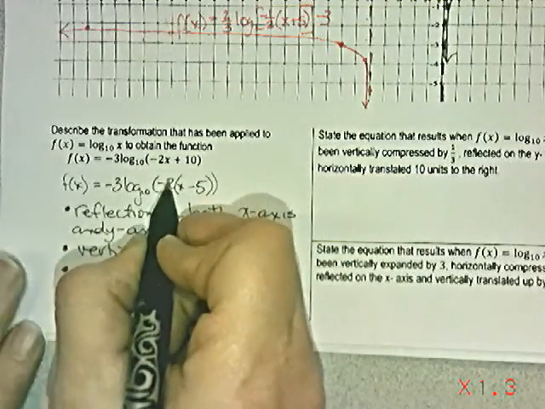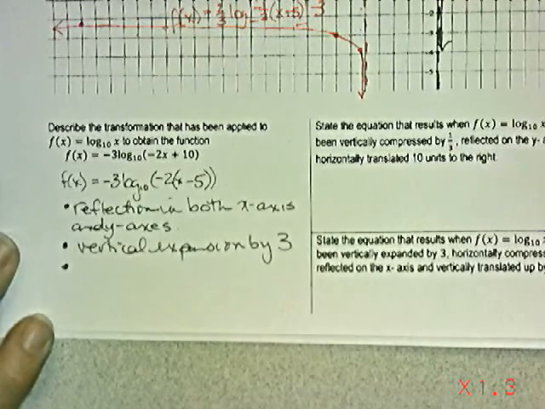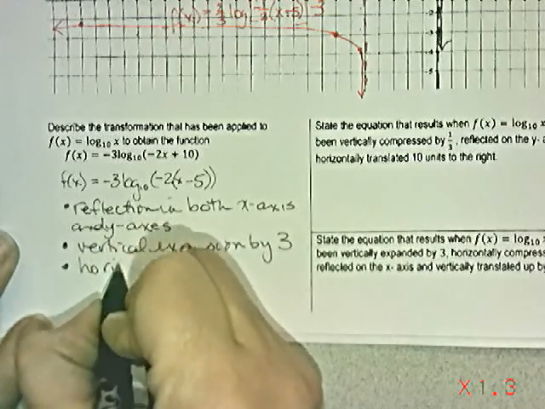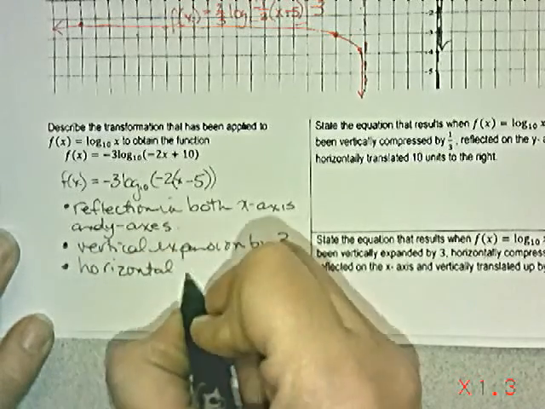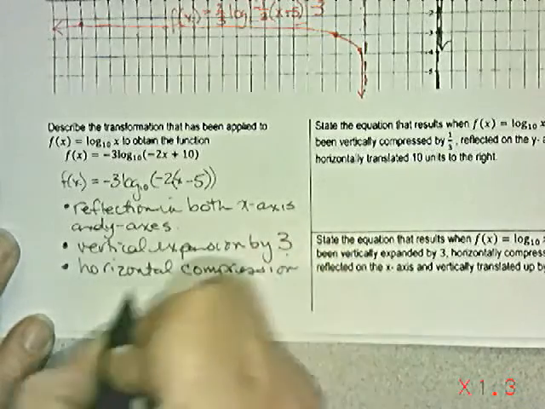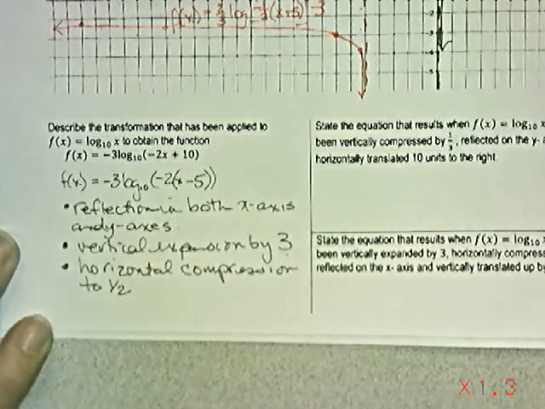A 2 inside here, remember our 2 is going to be dividing all of our horizontal values, and so that will be a horizontal compression by a factor of 2, or half of what it was.